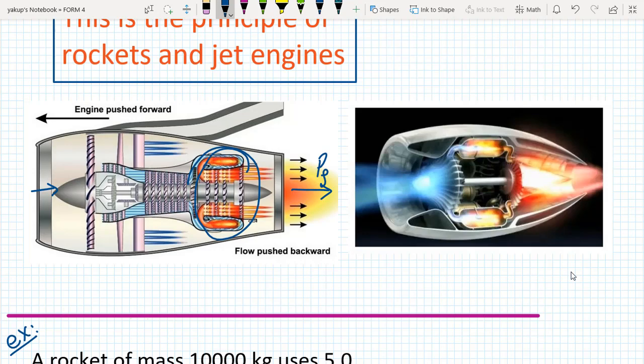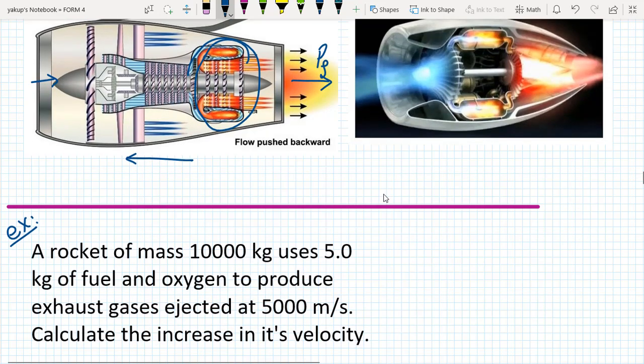That gas momentum pushes the engine forward, and then it is making movement. The engine is going to move in this direction. This is the main idea about rocket and jet engines.